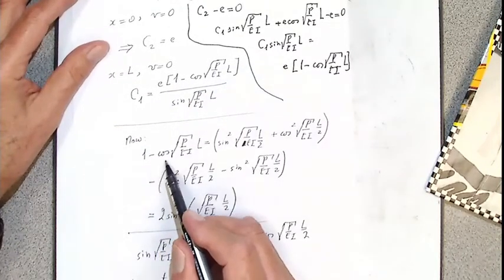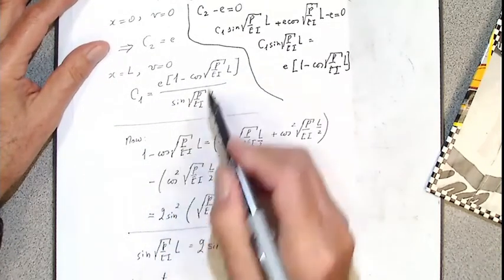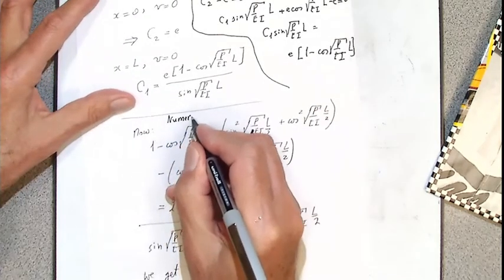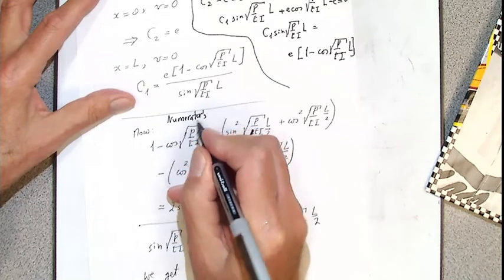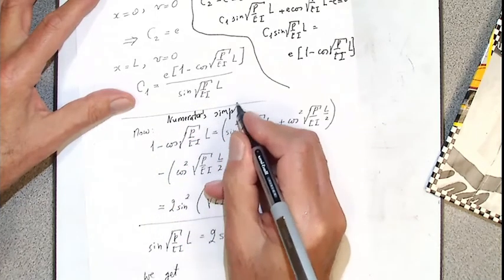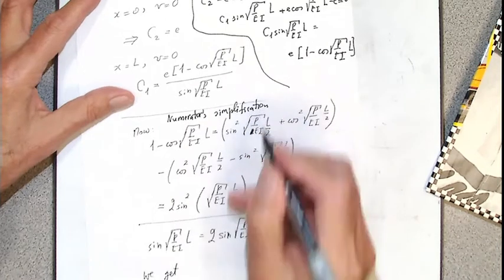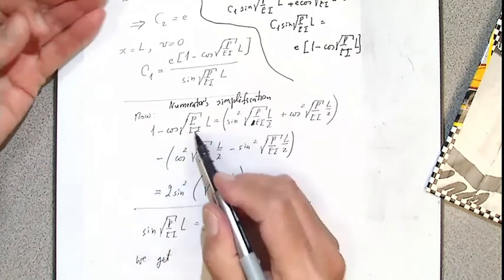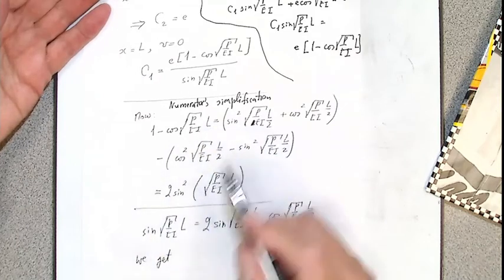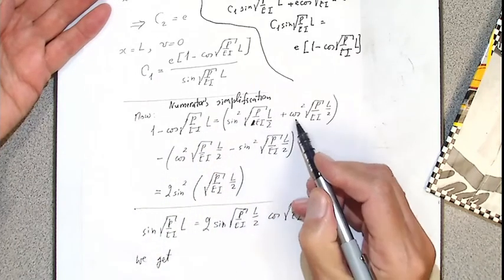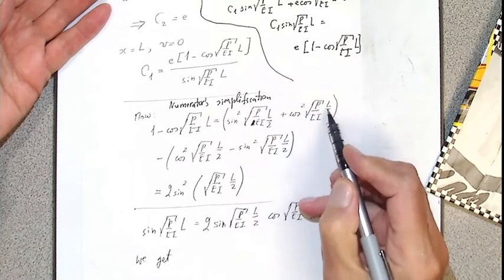1 minus cosine of square root of P over EI L, that is this numerator. Numerator's simplification. One equals, so I will take half of this argument. Then equals sine square of square root of P over EI L over 2 plus cosine square of square root of P over EI L over 2.